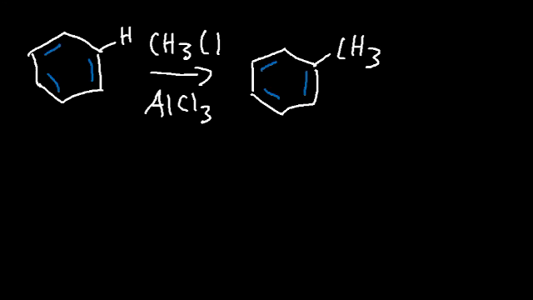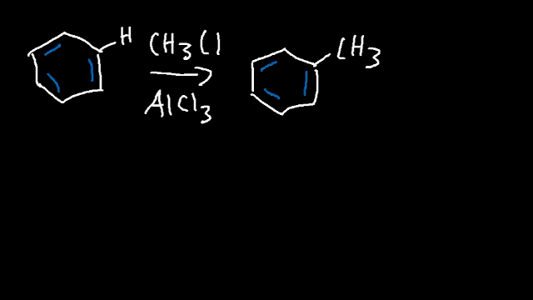Now, something you have to keep in mind is that the Friedel-Crafts alkylation reaction is susceptible to rearrangements. So you've got to watch out for rearrangements, and also you need to know that the Friedel-Crafts alkylation reaction doesn't work very well if the ring is heavily deactivated.